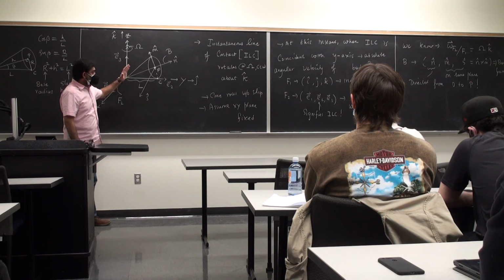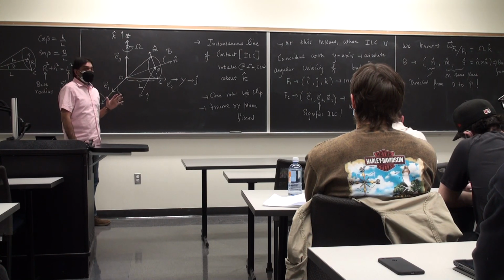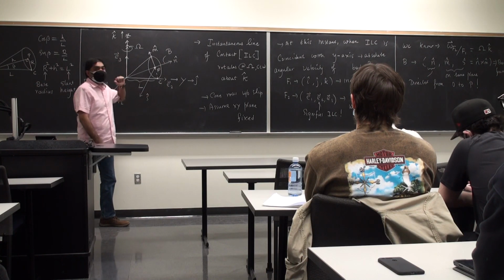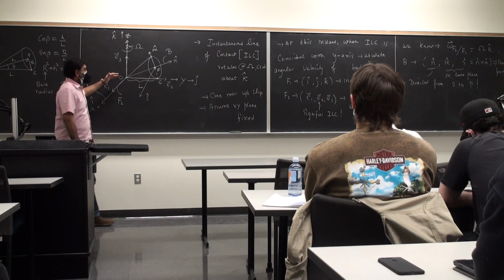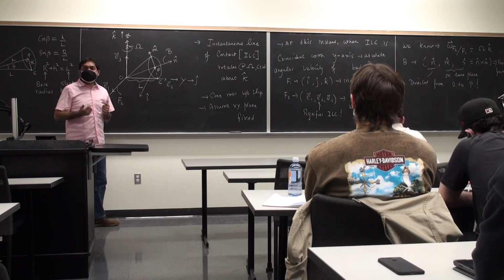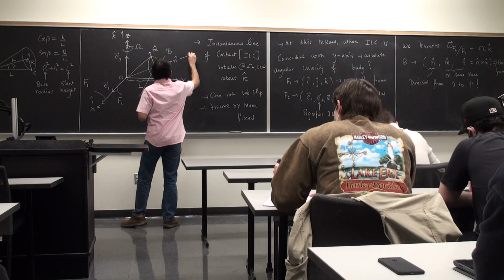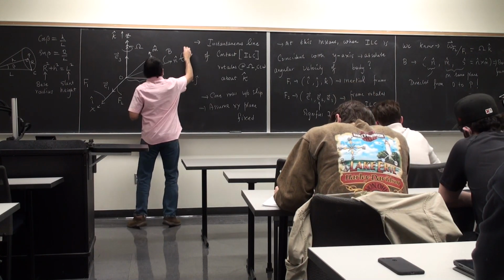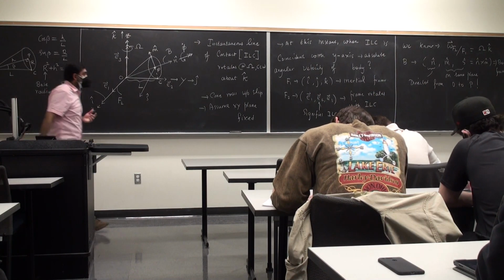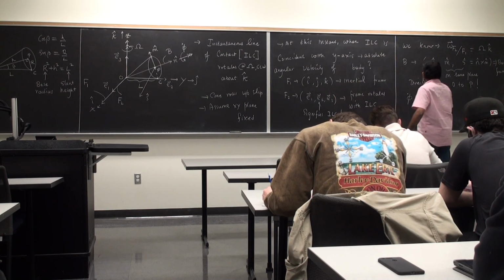So the third frame, I'm going to say, has an angular velocity which is not unknown. But this angular velocity is relative to the second frame. And I'm going to say that that is some rate phi dot, and it's always going to be about the n hat direction. Okay? So I'm going to draw it out here. So phi dot is called the spin of the cone, which is unknown.